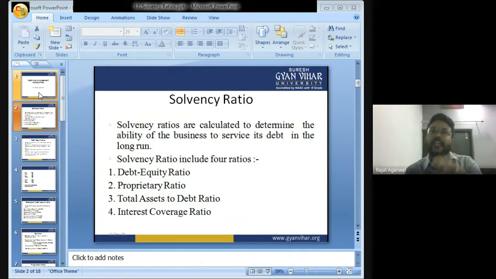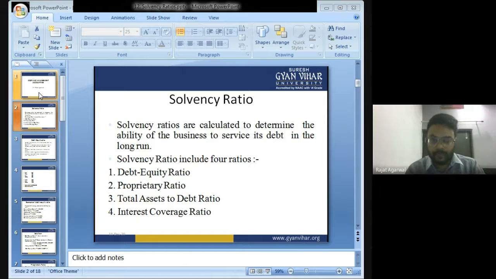Through solvency ratio, we will get to know the ability of the firm to repay its long-term loans.